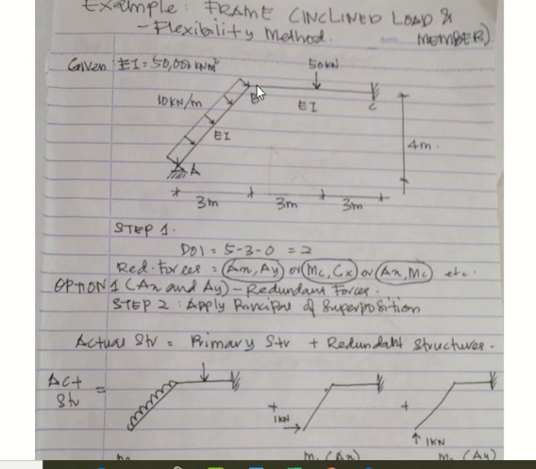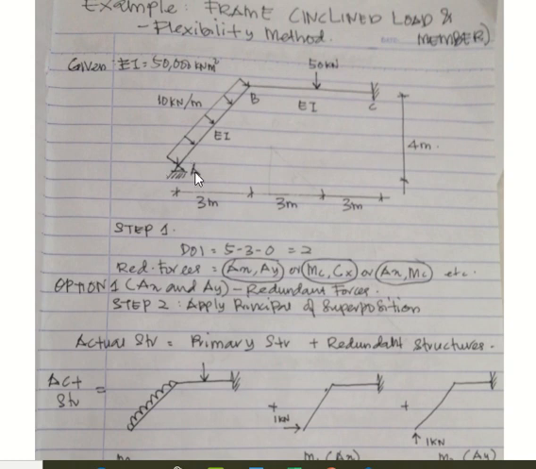Inclined member AB has an inclined UDL 10 kilonewton per meter, given EI 50 kilonewton meter square. All the dimensions are given in the question.